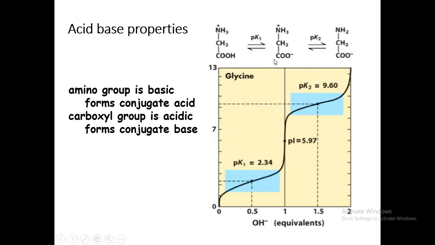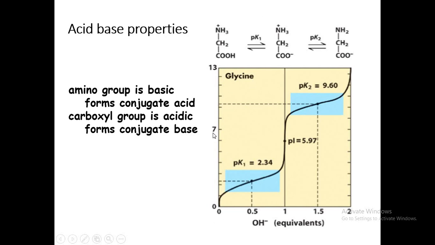So after that what happens? You have to keep in mind, if we have the amino acid glycine present in solution, what will happen? This amino acid would start by losing first its proton from the carboxylic acid at extreme acidic pH.